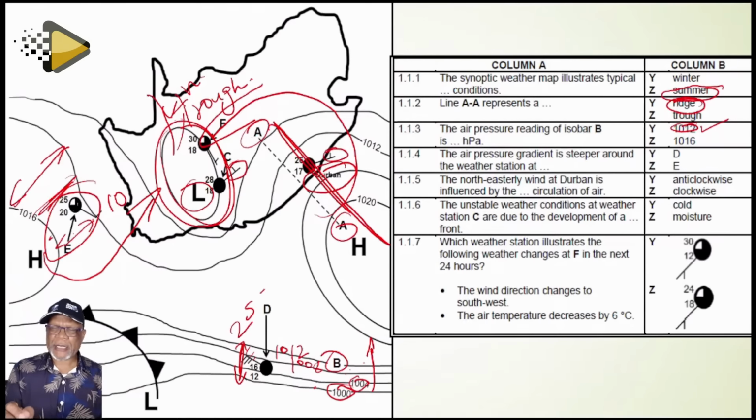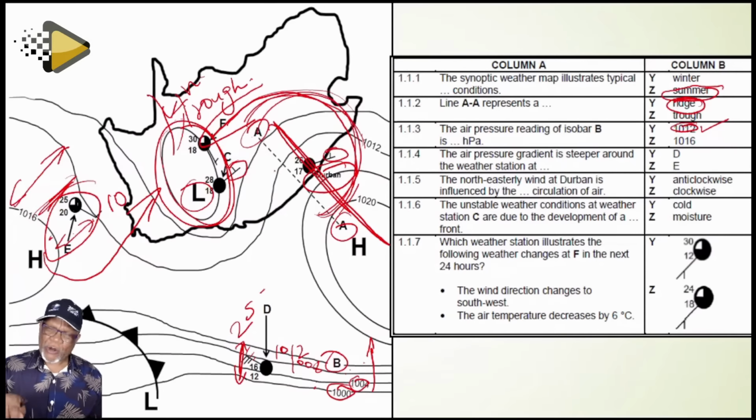Now we're saying it is because of the anti-clockwise. The influence is mainly because of this South Indian high pressure cell. And this side, it is the South Atlantic high pressure cell. So the warm, moist air going there and the cold, dry air going there.